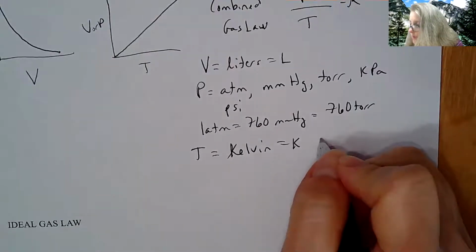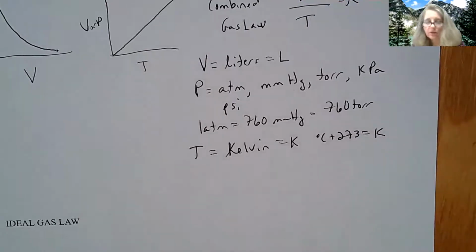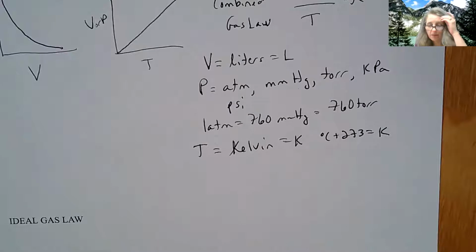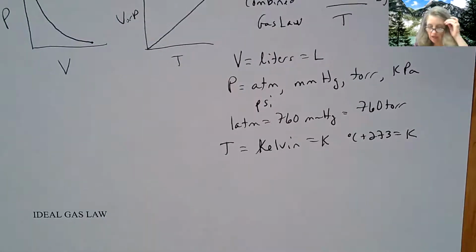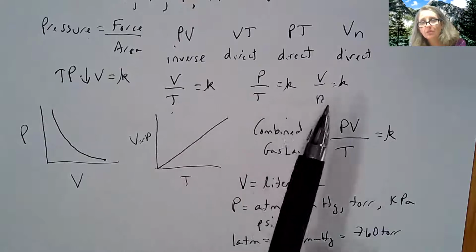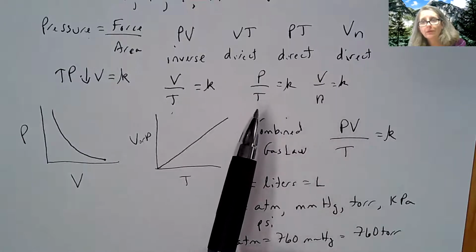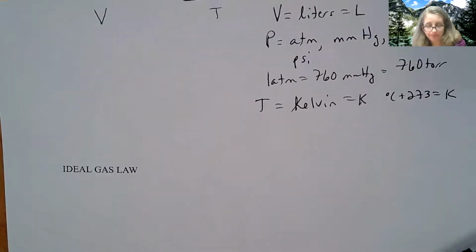So please remember, you're going to take Celsius and add approximately 273 to get your Kelvin. Okay, so I'm going to repeat myself millions of times: Kelvin, Kelvin, Kelvin. That is why you must always have your units in Kelvin. So no matter what the relationship is with temperature, you can't just plug in 25 degrees Celsius. It just will not work. So just keep that in mind.